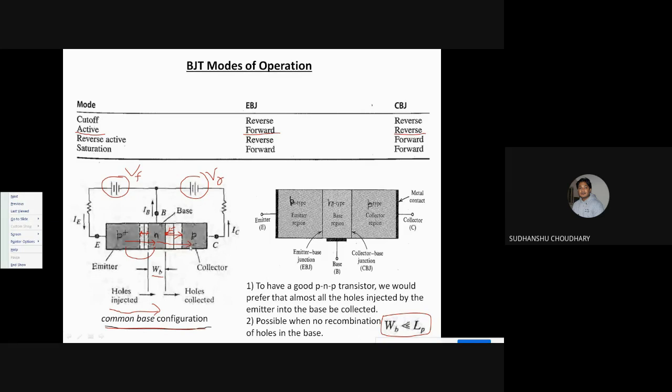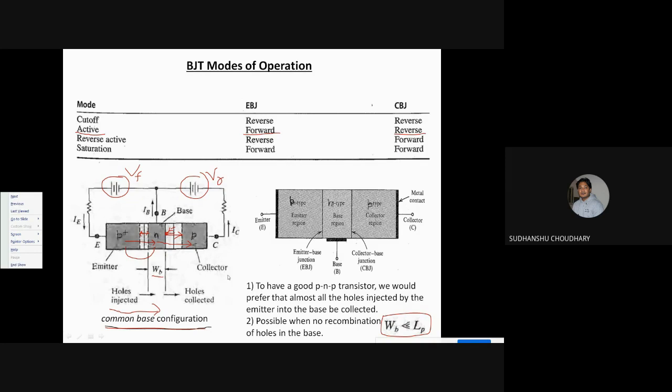So the collector can collect holes which are emitted from the emitter, provided that these holes do not recombine in this N region, in the base region. How to ensure that these holes do not recombine in the base region? To ensure this, we want to make the base width small, smaller than the diffusion length of the holes.